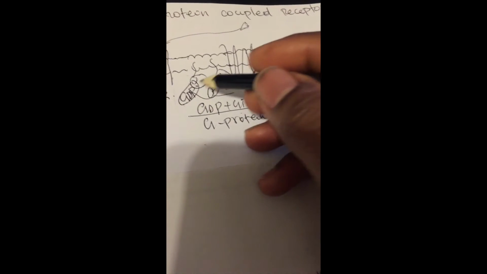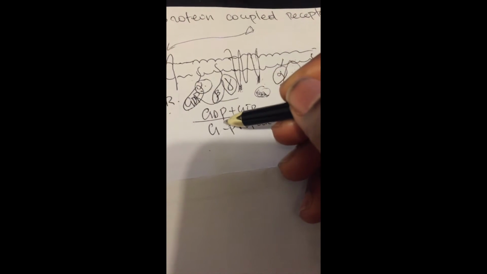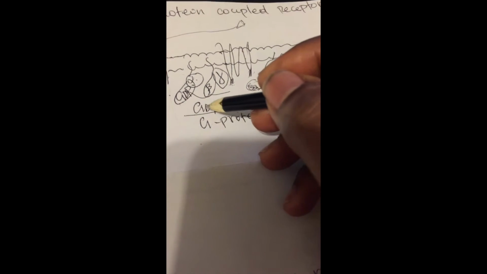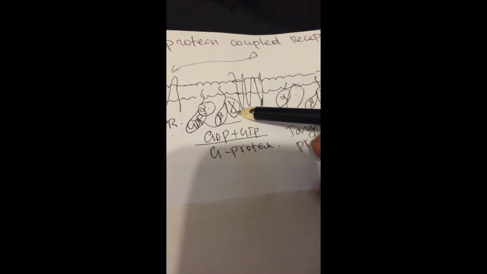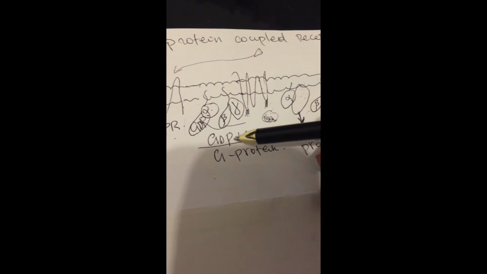And this is our G protein. G protein is a special protein that has the ability to bind GTP and GDP, the guanine triphosphates and guanine diphosphates. It has subunits alpha, beta, and gamma. In a structure like this one, they are in the inactive state.